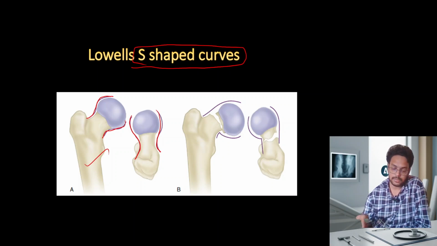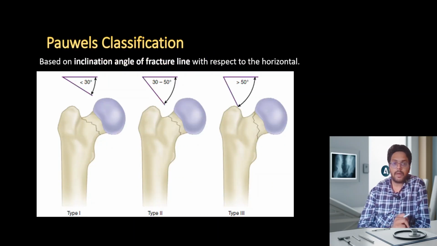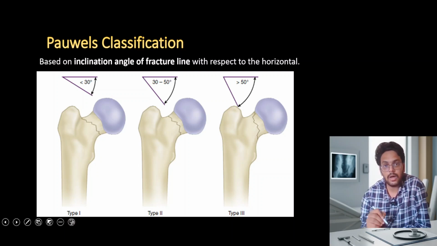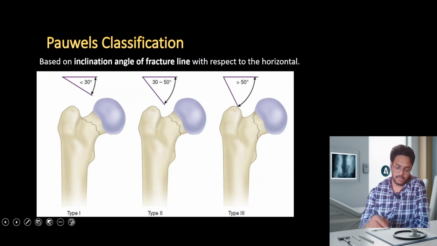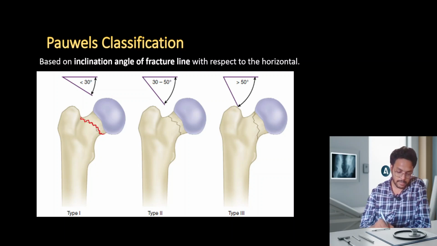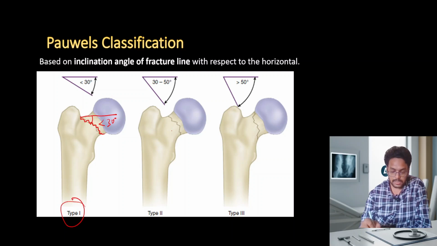then only the fracture may unite. Now coming to the Pauwels classification system, it's based on the angle between the fracture line and the horizontal. So type 1 is when the fracture line makes an angle of less than 30 degrees. You can see the fracture line here.